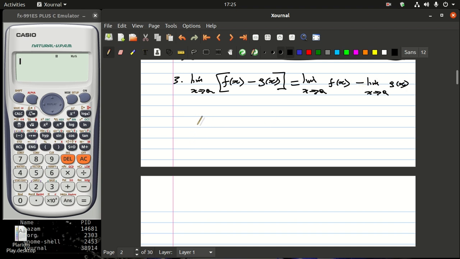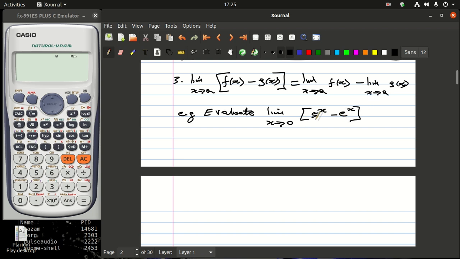So let's try an example here, which says: evaluate the limit as x approaches 0 of 5 to the power x minus e to the power x.